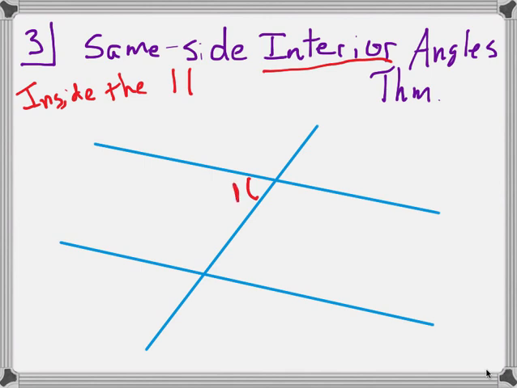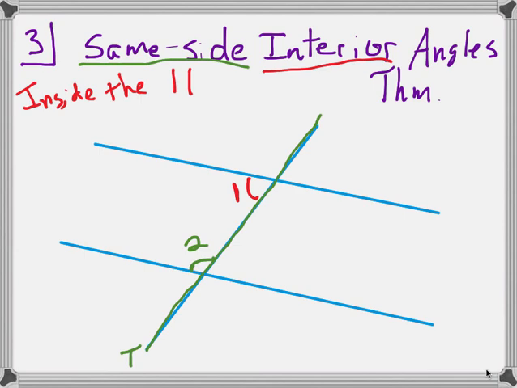Now, same side interior angles means they're not congruent. This is kind of the only one where you're not looking for congruency. You're looking for two angles that are supplementary. Now, I'm on the same side of the transversal line. That's hence the name same side interior angles.